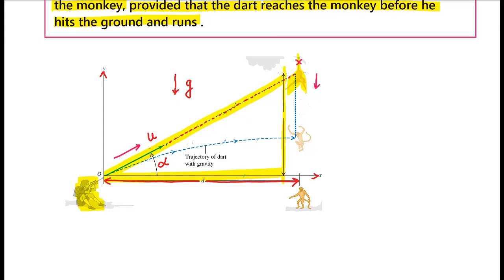If I write tan alpha, and let's call this distance x, we will have tan alpha equals x by d. This means x is equal to d tan alpha. So basically I know this distance; it is nothing but d tan alpha. So what is the initial height of the monkey from the ground? That height is simply d tan alpha.